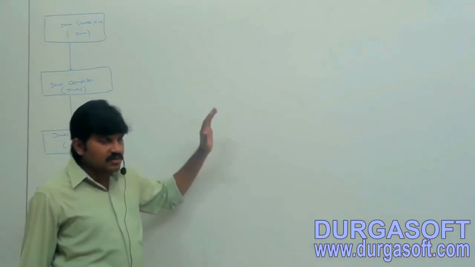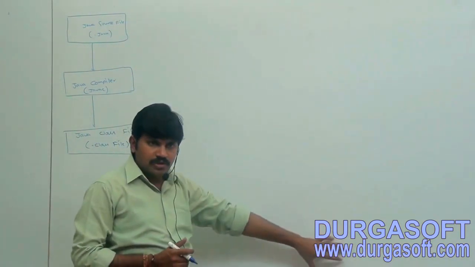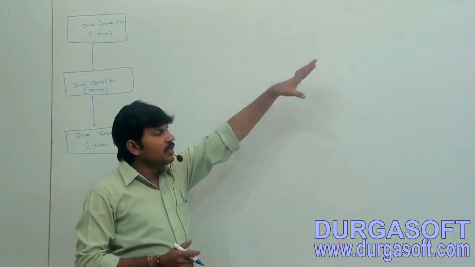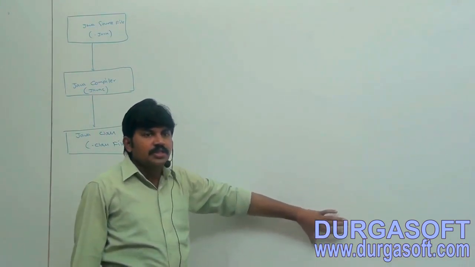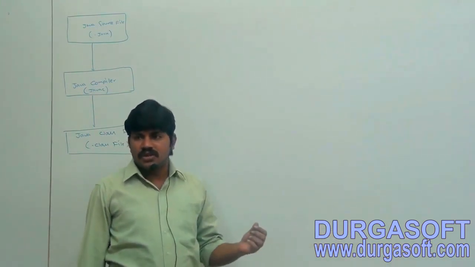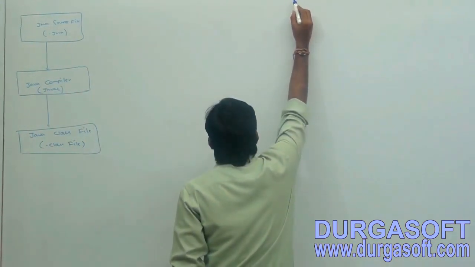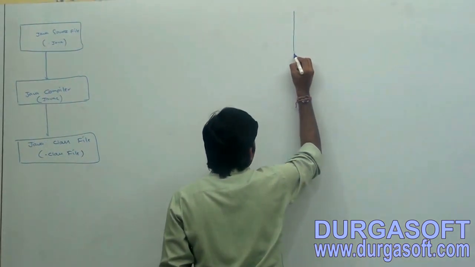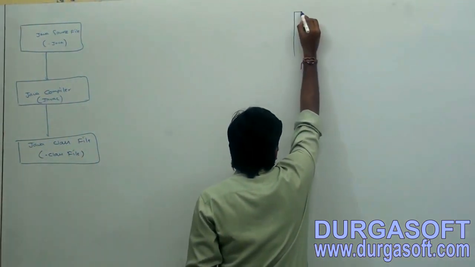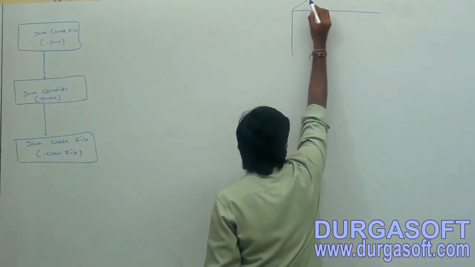Have you remembered, in the last session we covered JVM architecture with respect to three modules. The first module is the class loader subsystem, the second module is the various memory areas, and the third module is the execution engine, or execution unit. Now just observe. Here I have one module named the class loader subsystem.